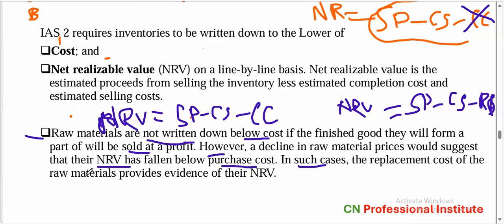We would have to compute the value to be recorded in the books. But in such a case, we should use the replacement cost of the raw material as their net realizable value. Very important.